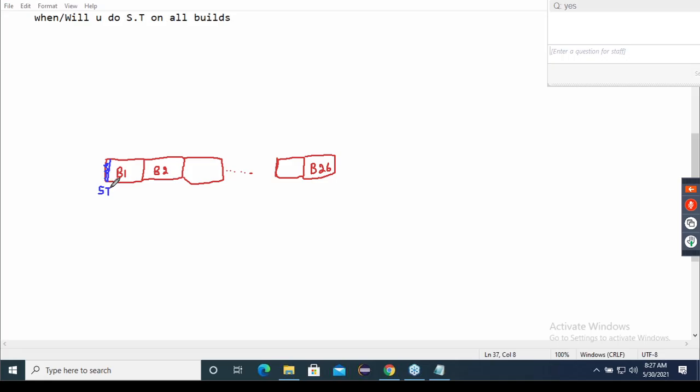Again I'm repeating, smoke testing can be done for 15 minutes, 20 minutes, or 1 hour. That depends on how many important features there are in that application. Yes or no? That purely depends on how many important features there are in the application. Okay, good. Next. Now observe, why did you get B2? Can you tell me? Why did you get B2?